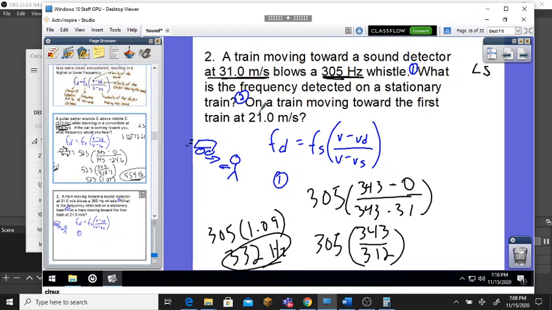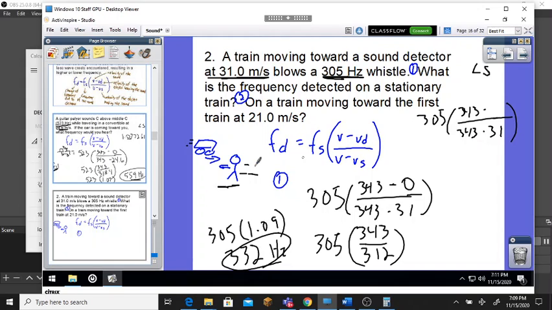Now the second part asks, what if this sound detector wasn't standing still? What if it was also on a train and it was moving this way? If this is the case, then everything stays the same: speed of sound, and we know the train was going at 31 meters per second.